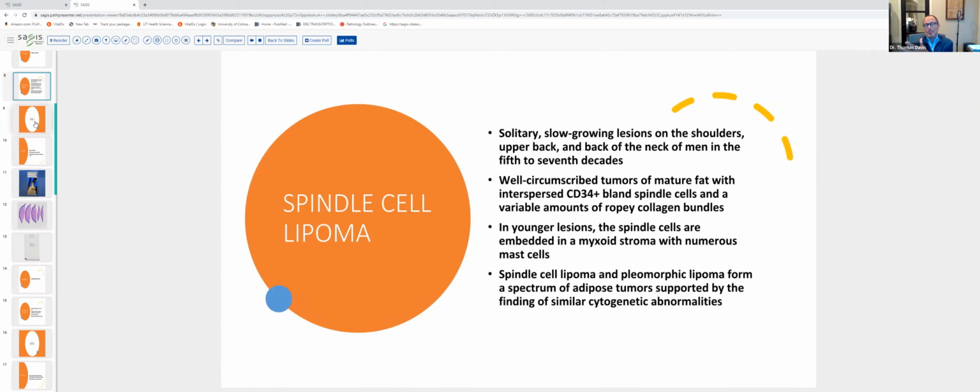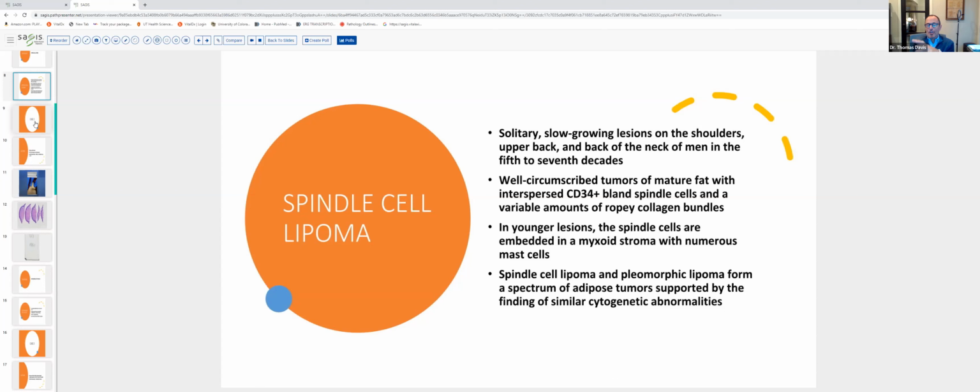Most soft tissue tumors we think of as having characteristic component parts. Again, here with a spindle cell lipoma, mature fat, the spindle cells, and the ropey collagen bundles. But you have to keep in mind that these tumors are not like homogenized milk. And so the component parts are not evenly distributed throughout the tumor.